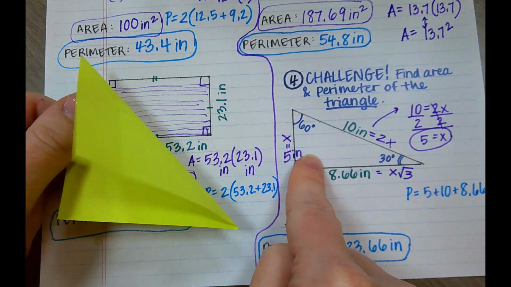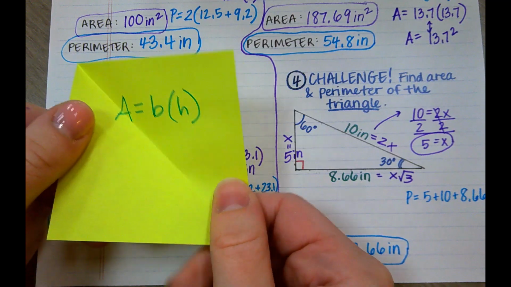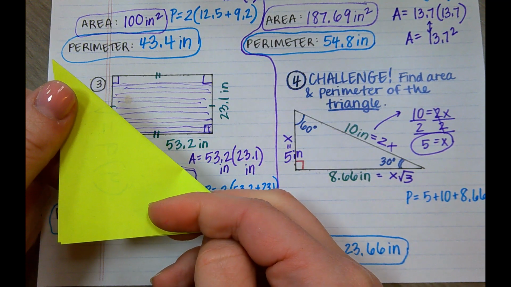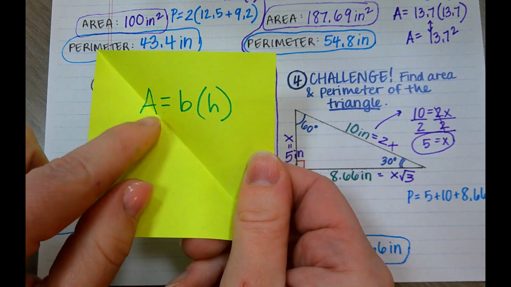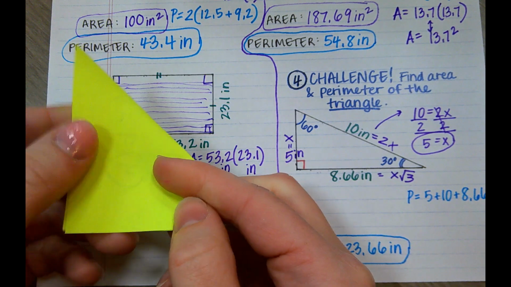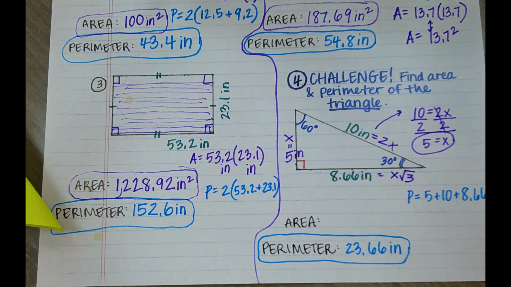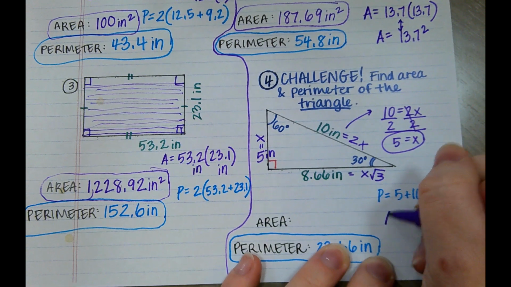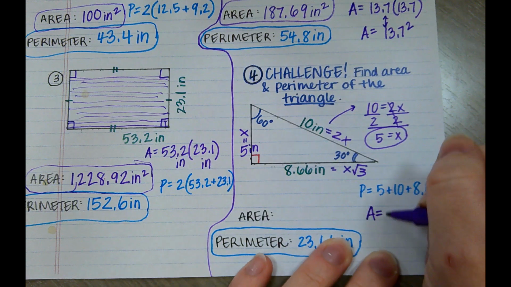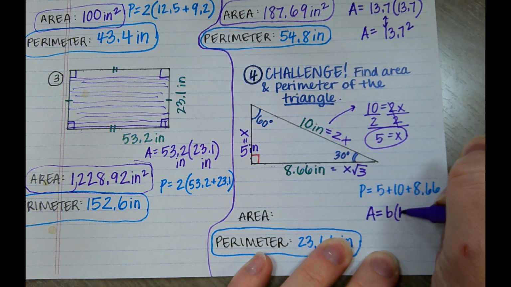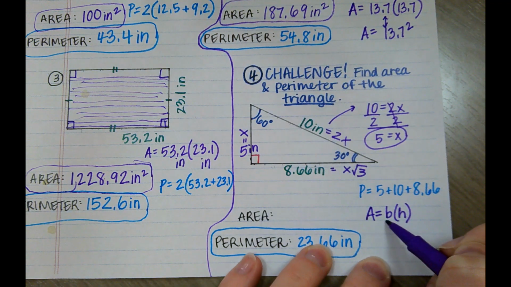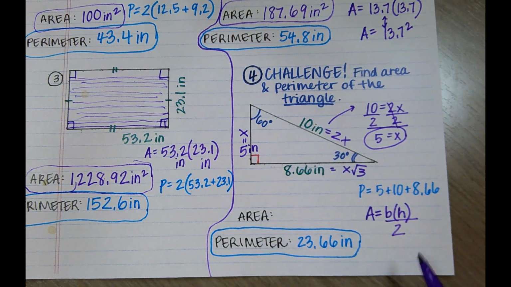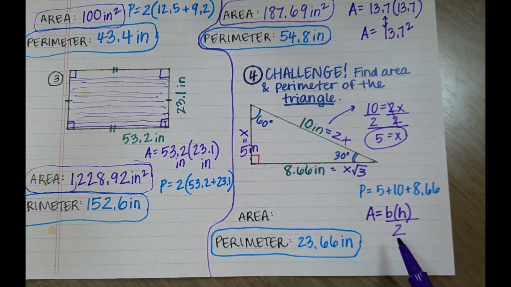So the area of a triangle comes from half of that formula for quadrilaterals. All we do is take base times height, divide it by 2, or take it times 1/2. So I'm going to write that here. Area equals base times height, and we'll take a neat note on this in our notebook today. But we divide by 2. Base times height divided by 2.